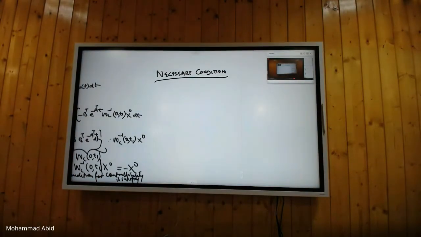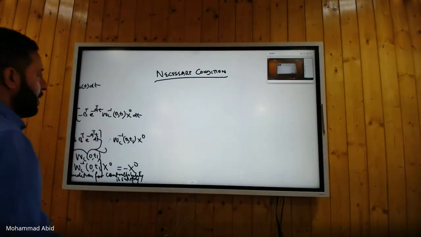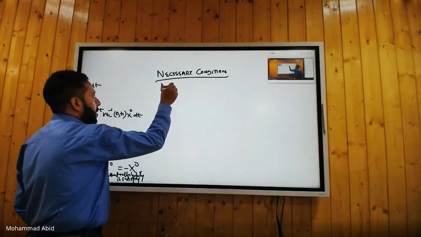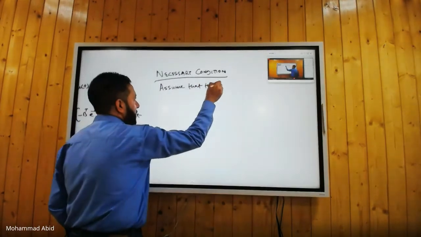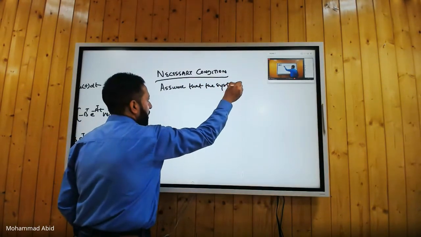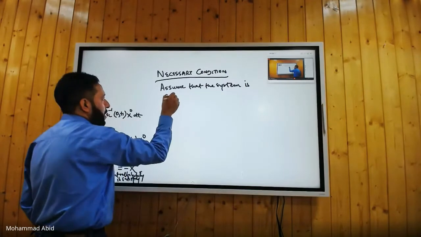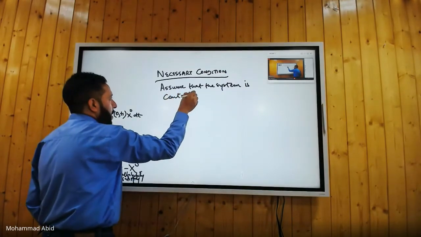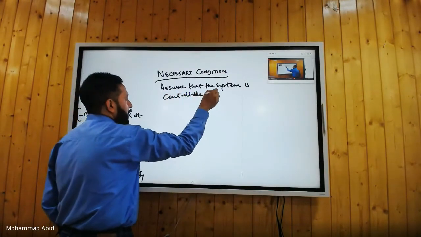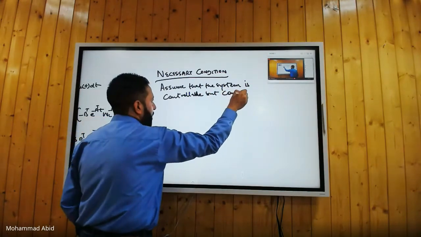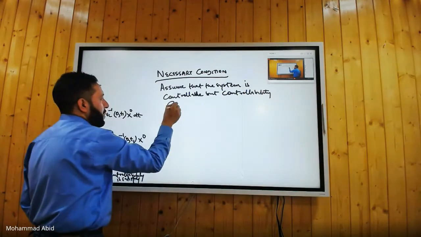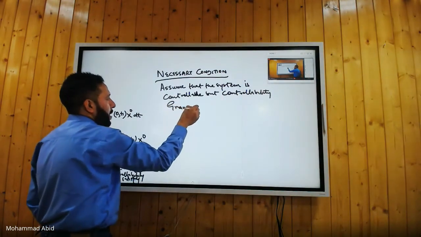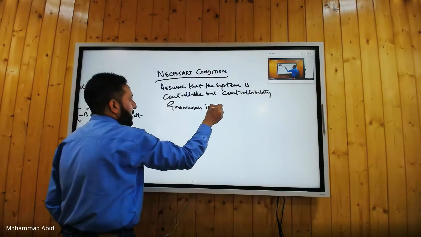We'll prove this by contradiction. We'll assume that the system is controllable, but controllability Gramian is singular.